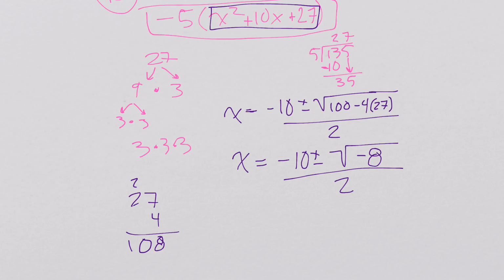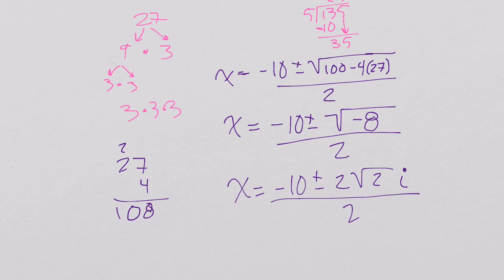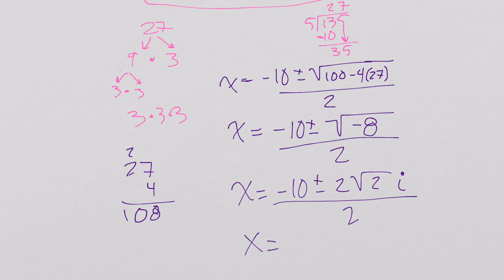If we were to continue simplifying this, I would say x equals negative 10 plus or minus the square root of 8. 8 is 4 times 2, which means I could pull out square root of 4 is 2 times that 2 that remains. And I'm going to pull out the negative by writing my i out front. Now that's all over 2, which means x equals negative 10 over 2 is negative 5, plus or minus 2 over 2 is 1, so I'm just left with the square root of 2, times i.